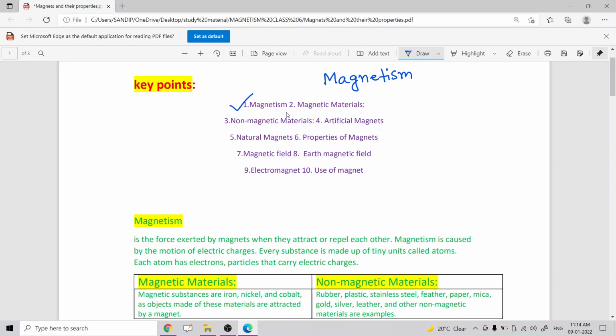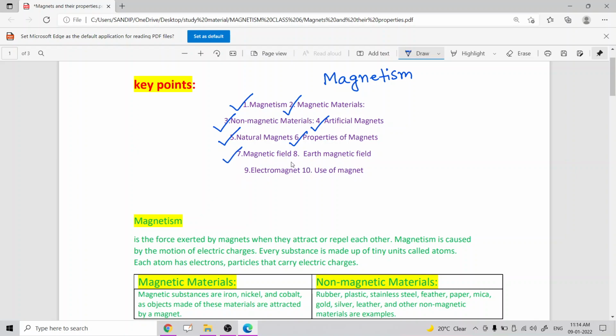Second one is what do you mean by magnetic material and also non-magnetic material. The next one is what is meant by artificial and natural magnets. And we have to discuss different properties of a magnet, and magnetic field also.